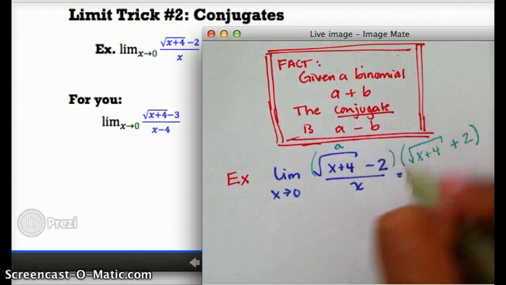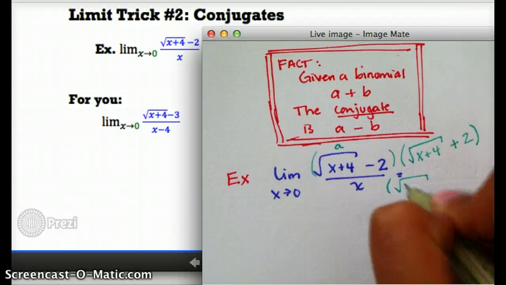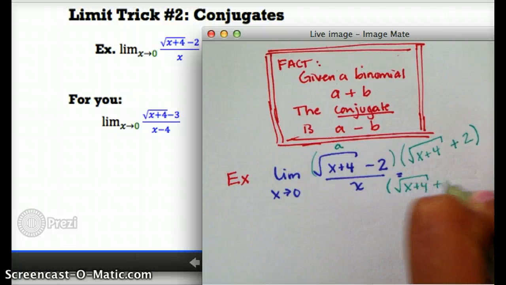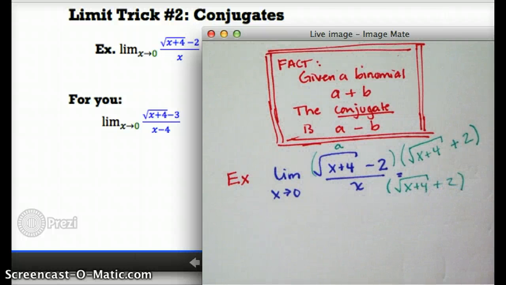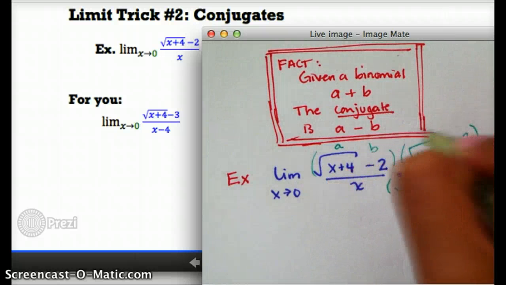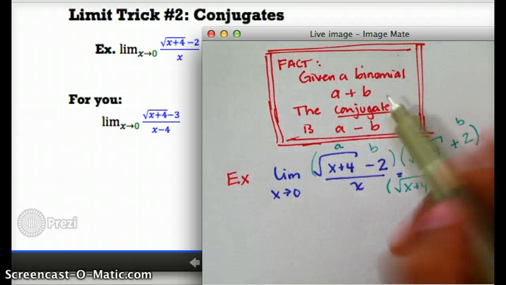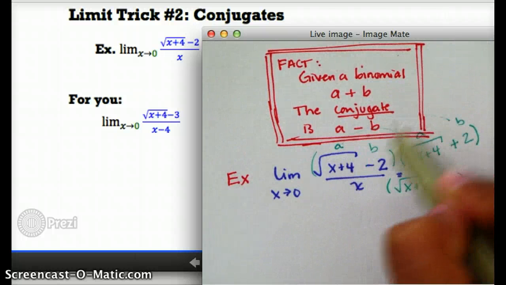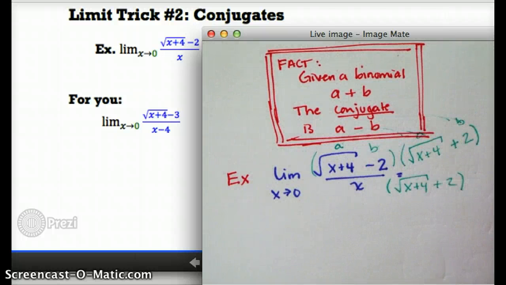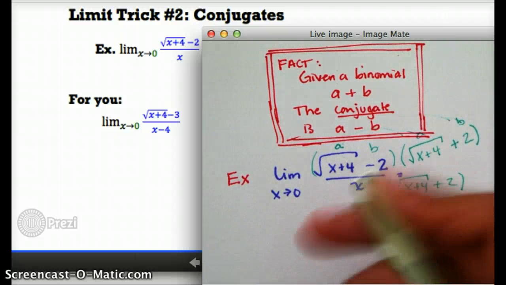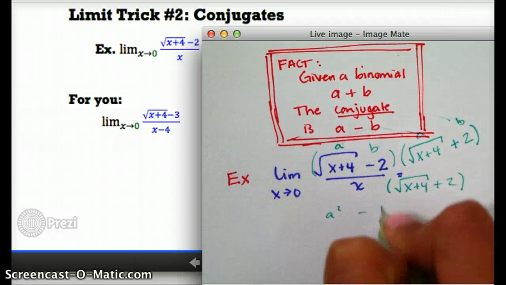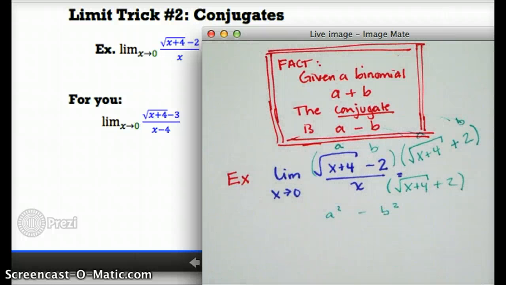And I'm going to multiply that on both the top and the bottom, which I'm allowed to do by basic algebra rules. On the top, what's going to happen is it's going to FOIL. And the a times a, a times b, b times a, b times b, are going to have a difference of squares pattern, so that the answer is going to end up being a squared minus b squared down here on my next step.